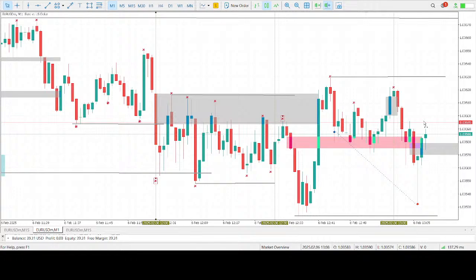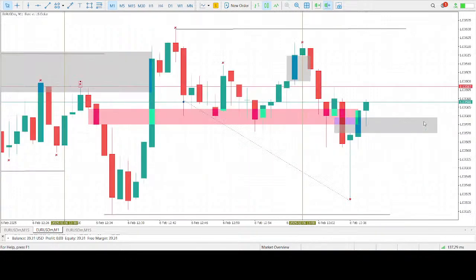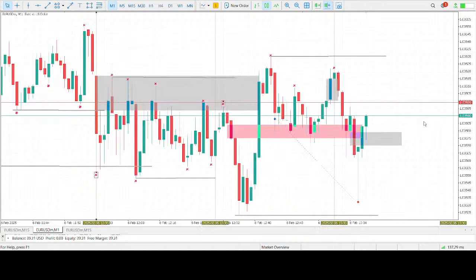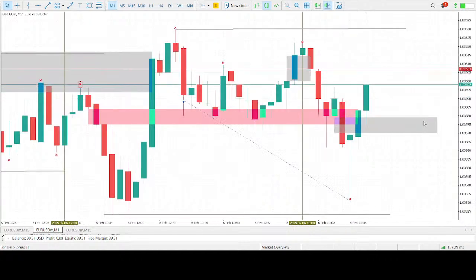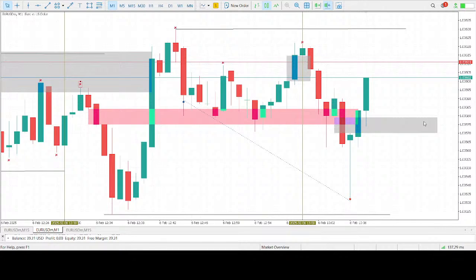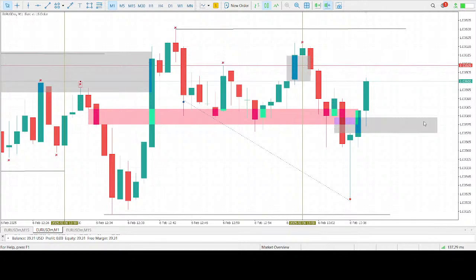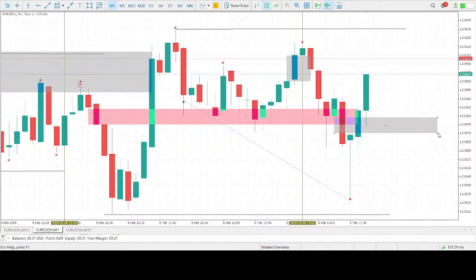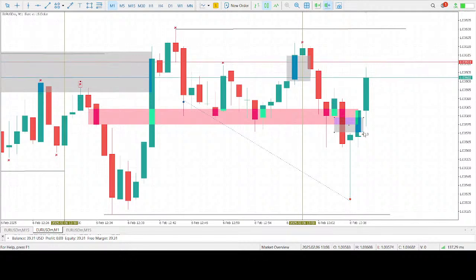I probably wouldn't take a trade here given the uncertainty of it. The price has not obeyed this fair value gap here, so this will also close in here.